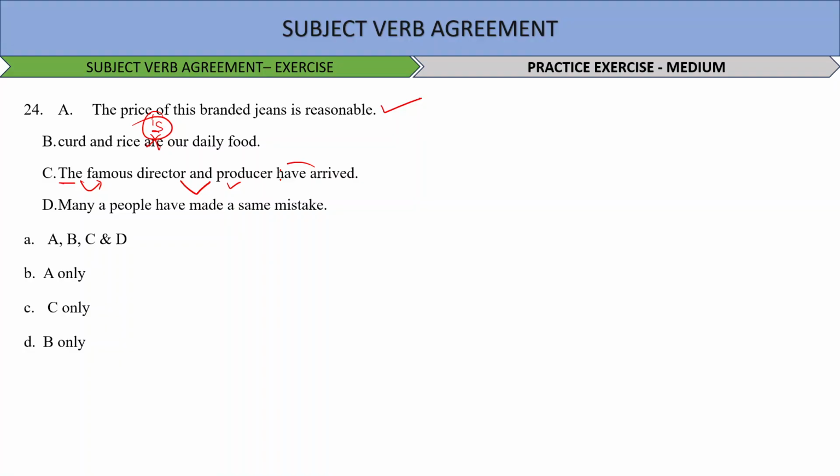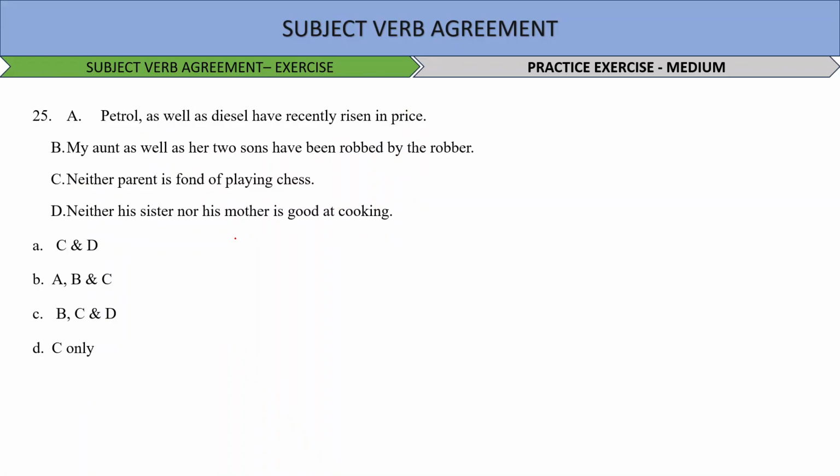Next question. Petrol as well as diesel have recently risen in price. You see, as well as accounts for a single unit, therefore have recently will not be appropriate, it will be has recently.